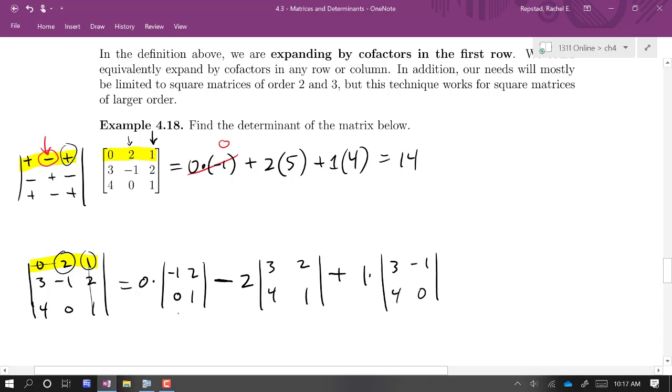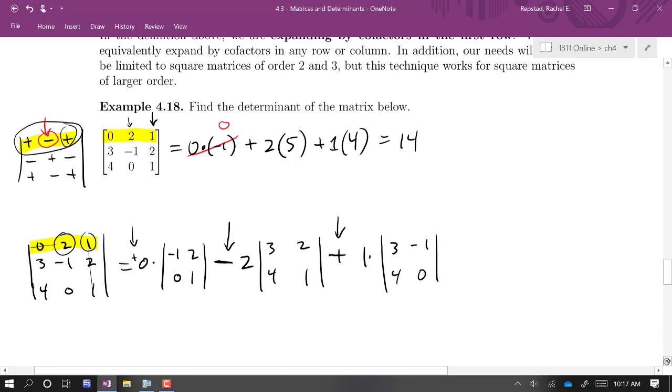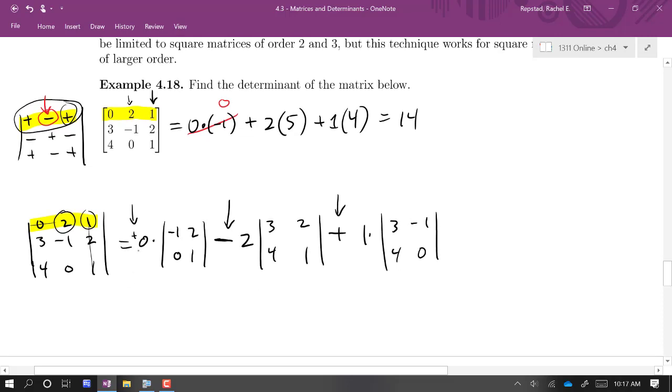What I've just done right here to set up rolls in all the stuff that we did in the last example and in the definition where I added them together. I'm just putting it all together and using the pattern of signs to determine whether each of these is plus, minus, plus. So the first one is 0. I'm taking 0 and multiplying it by the determinant of that matrix. Who cares what the determinant of that matrix is?